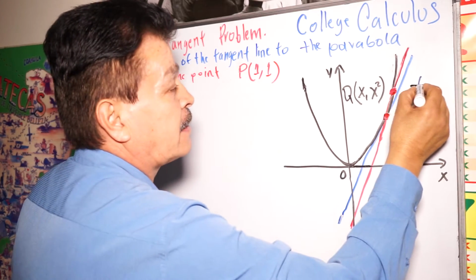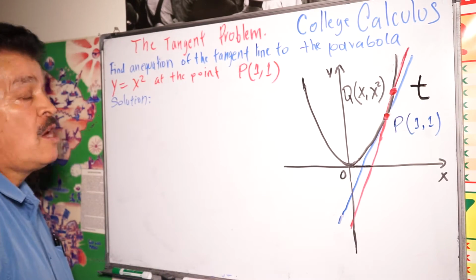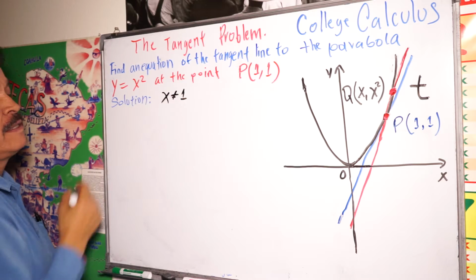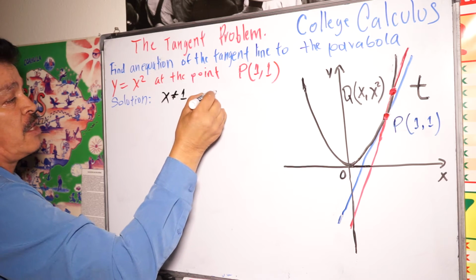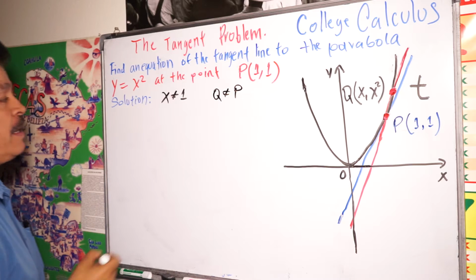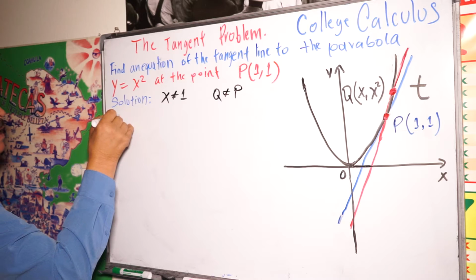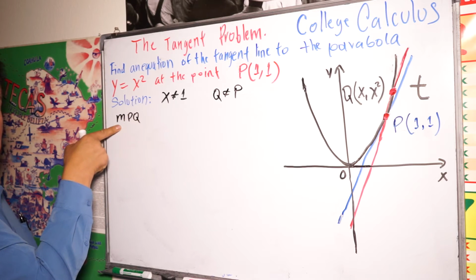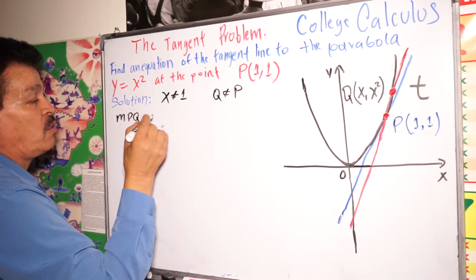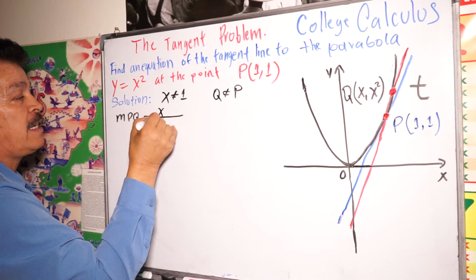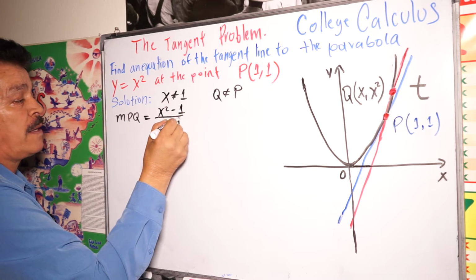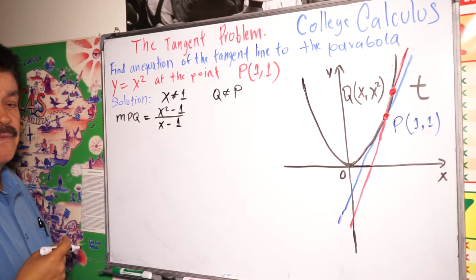We choose in this case x different from 1, so this means that Q is different from P. The slope m_PQ, you use the formula for the slope: it's going to be x squared minus 1, over x minus 1.